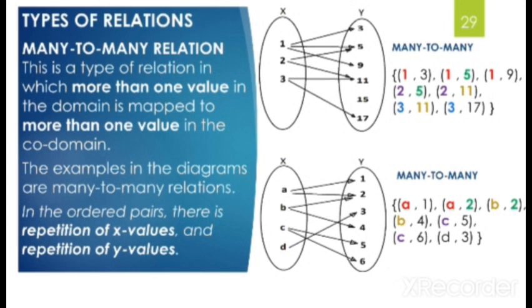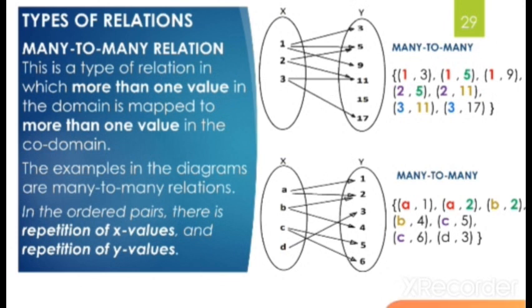Also, if we are given some ordered pairs, this is what we look out for. We have to make sure that some of the x values are repeating, and at the same time, some of the y values are also repeating. So in the first example, you can see that 1, 1, and 1, they are all x values and they are repeating.